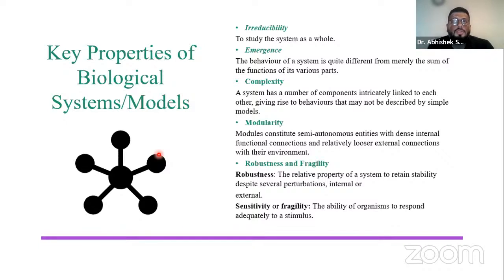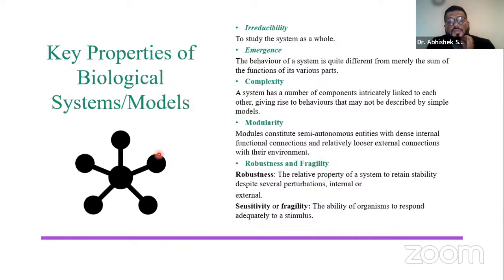Those perturbations, or those fluctuations, that are intracellular and extracellular fluctuations in a cell. In spite of those fluctuations, a system remains steady, and maintains its homeostasis. So that is called robustness, right?